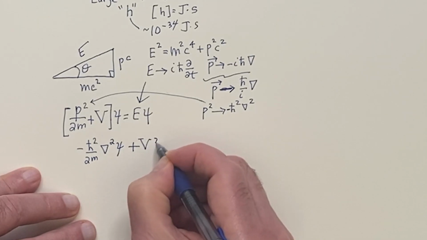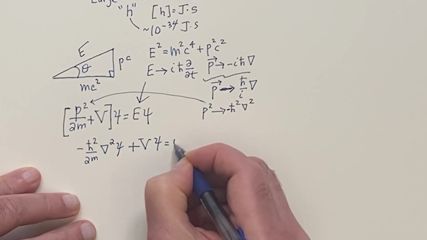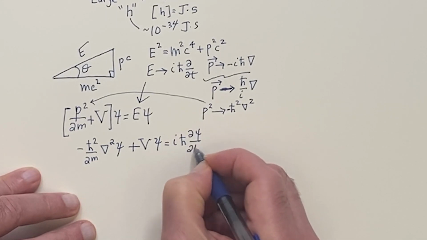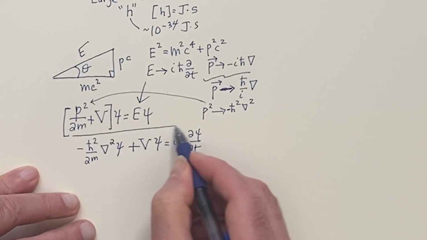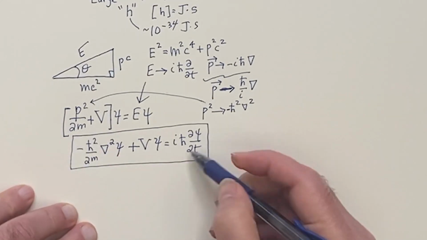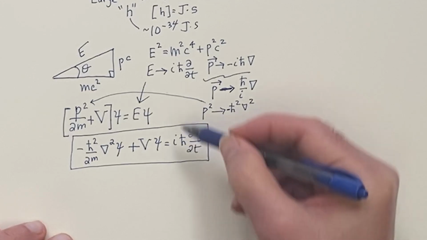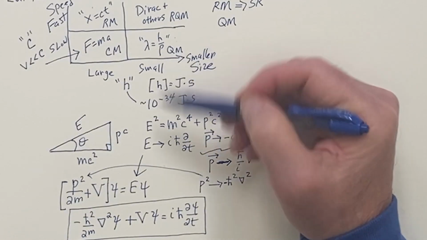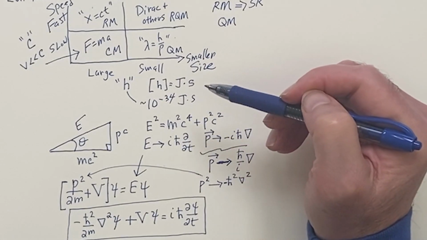All right, here we got this, i h bar, and then the derivative with respect to time. So that's the Schrödinger equation in 3 dimensions. And that's the one you would put in here for the F equals ma of quantum mechanics.